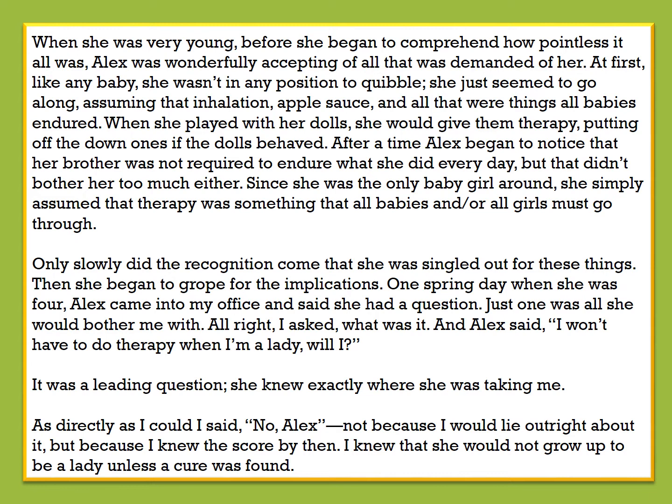And he ends, only slowly did the recognition come that she was singled out for these things. And then she began to grope for the implications. One spring day when she was 4, notice that word spring. What do we associate with spring? Life. Do you see that tool of repetition being used here in minute choices of words, of details?